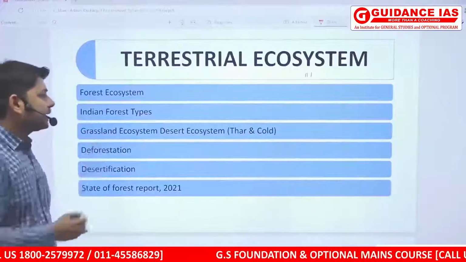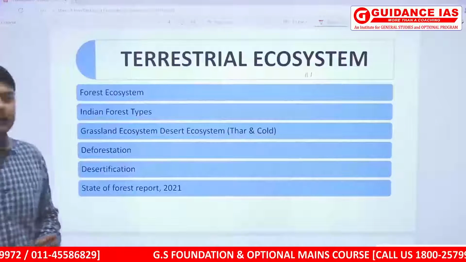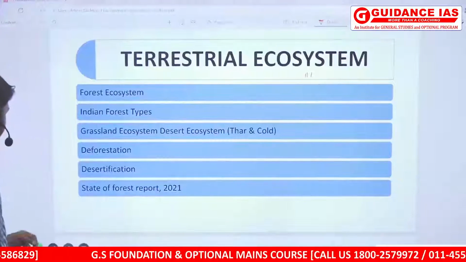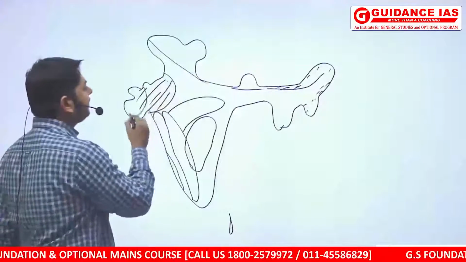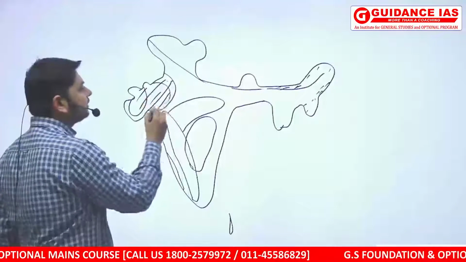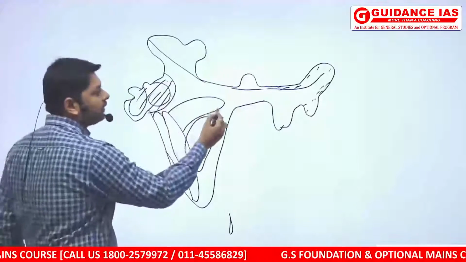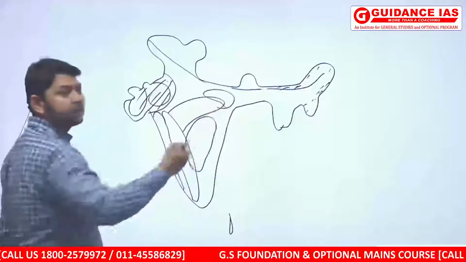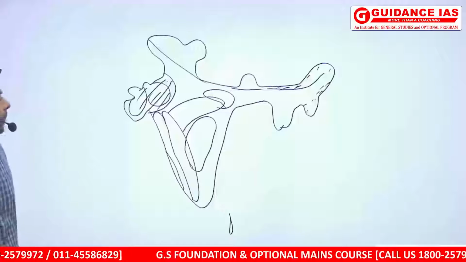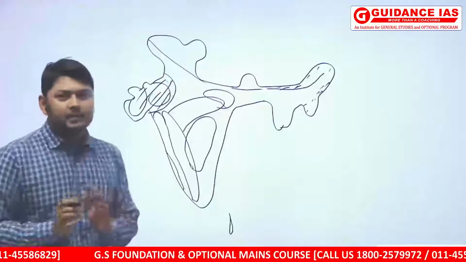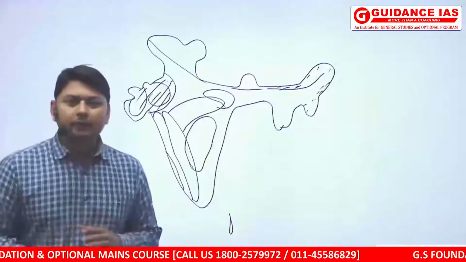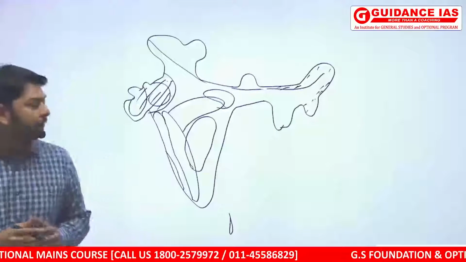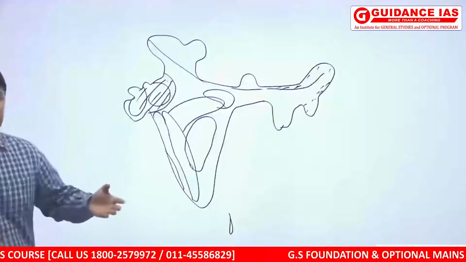Then what are the grassland ecosystem and desert ecosystem? They are very close to each other. We can see that here it is a desert part, and here it is a grassland part. We also have a grassland part in this part of India. It depends on rainfall. If there is a good amount of rainfall in that region, then we can have a grassland ecosystem.